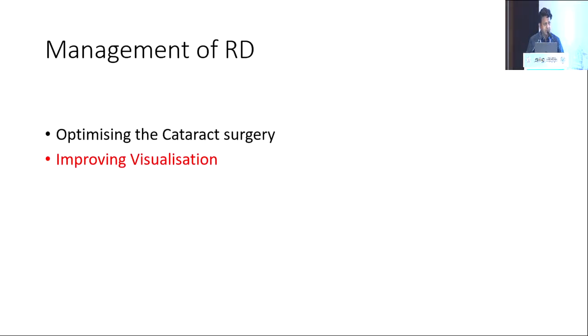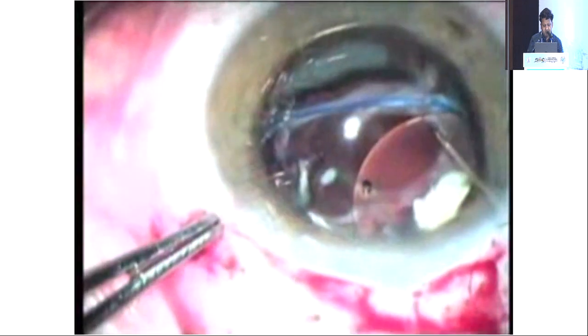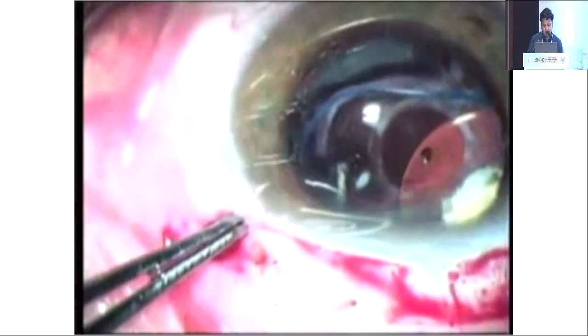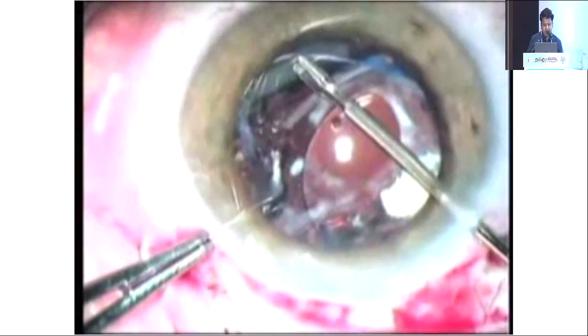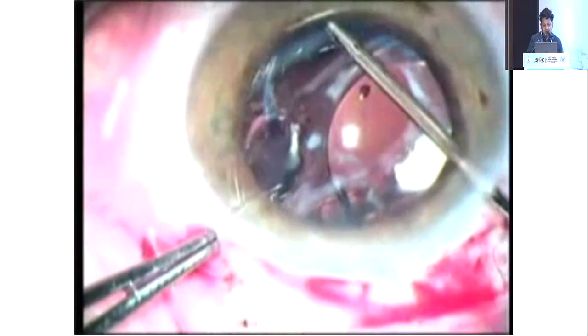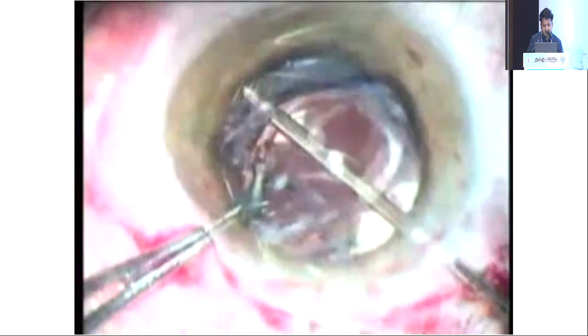So the next thing is you improve the visualization, because many of these lenses will develop membranes around them, and there will be a lot of problems while we are doing the surgery. You see this is a very old video, and there were a lot of membranes. Even the retina, you were not able to visualize while doing the surgery, so I had to spend a lot of time cutting all these membranes and repositioning this lens before proceeding ahead with the vitreous surgery.